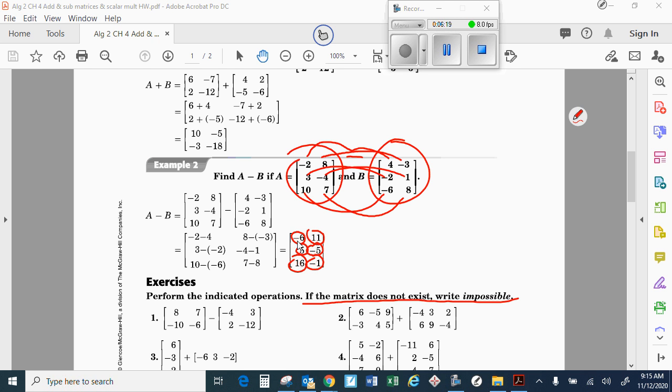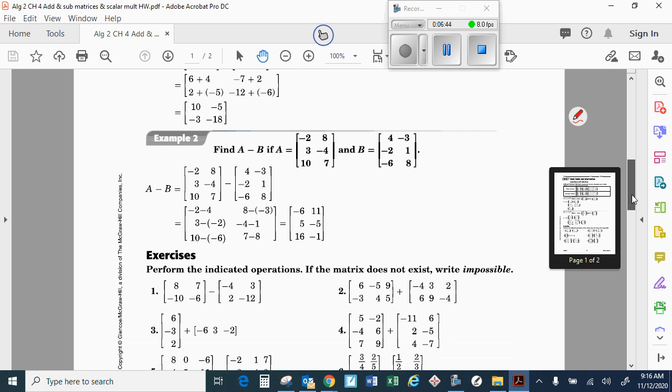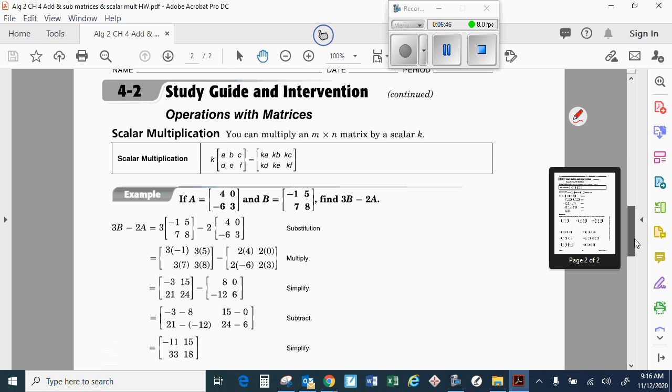Just so you know, you could write these in a graphing calculator and get the answer that way, but we're not going to have you do that. Adding and subtraction is very easy. When it gets to multiplication and division, I will show you how you can check with a graphing calculator. But on your test or quiz, you will not be able to use the graphing calculator. I've got to see that you know how to do it.